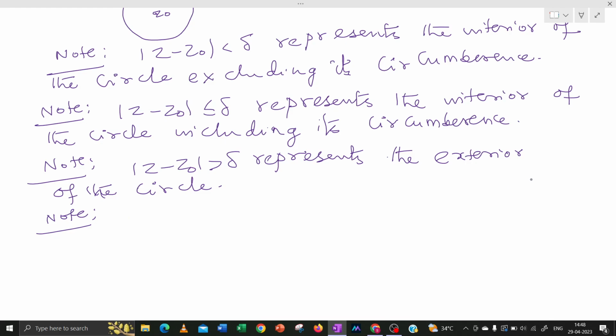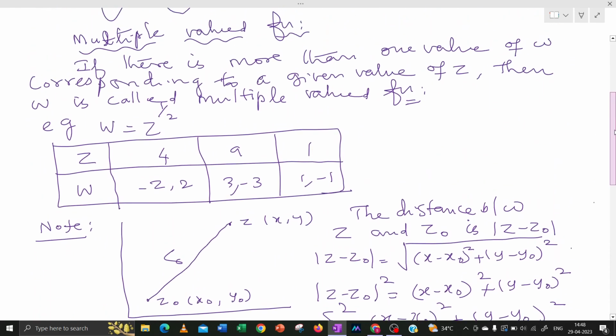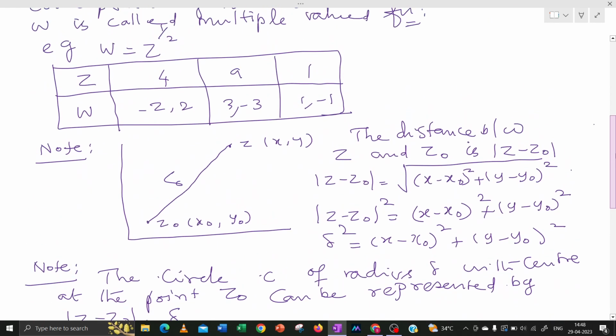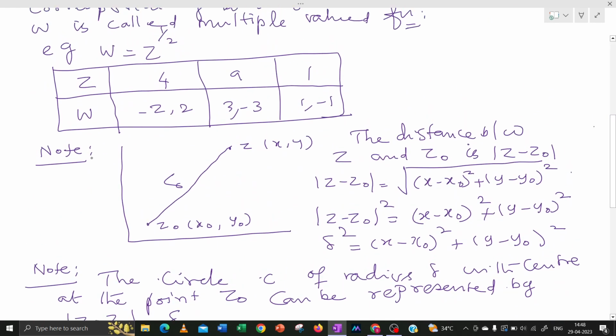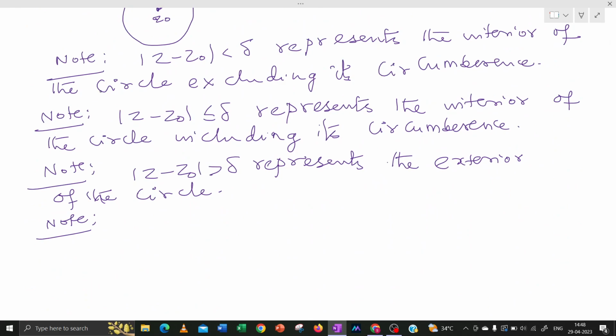Next note, I didn't write the note number. See, this is note 1, note 2, note 3, note 4, note 5, note 6. What is note 6?